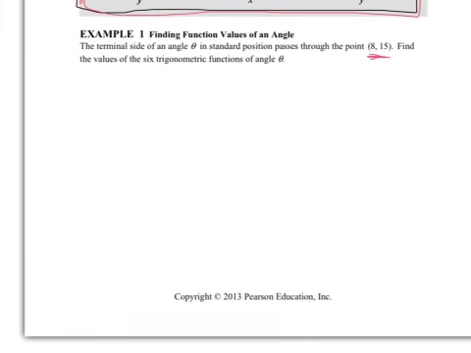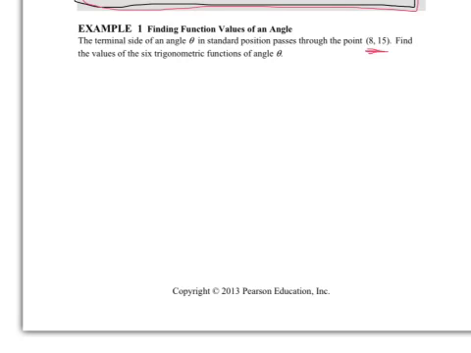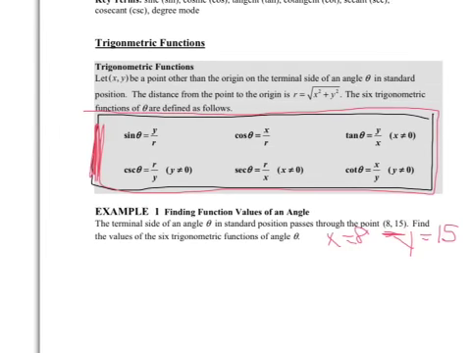If we scroll down, it tells us the point is (8, 15), so really our x equals 8 and our y equals 15. We need r, because if you look back, scroll up here, some of those have the r in it. And it tells us in order to find r, it is the square root of x squared plus y squared.